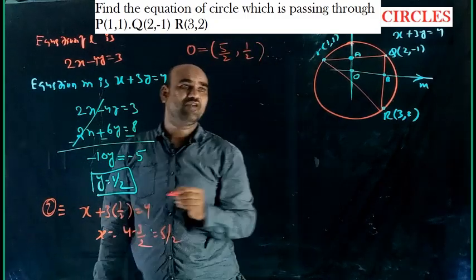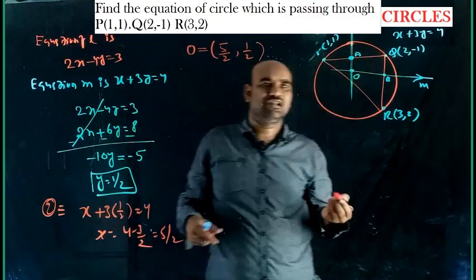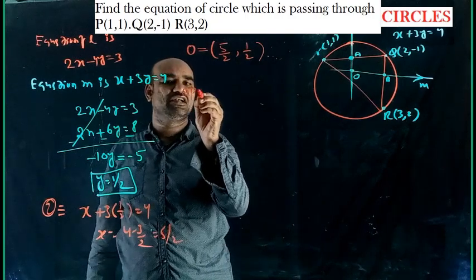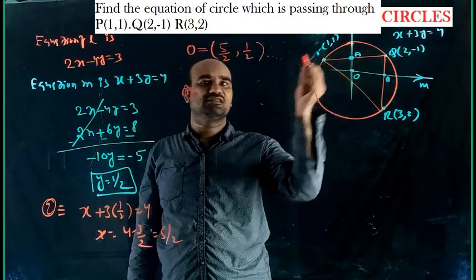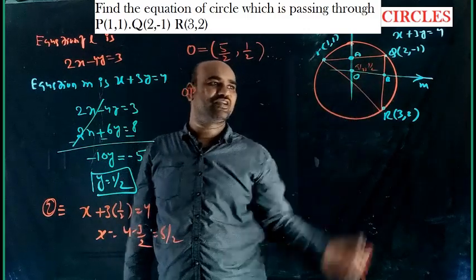Now the radius you want. Radius means OP or OQ or OR, anything. I will find OP, the distance from O to P. O is (5 by 2, 1 by 2).